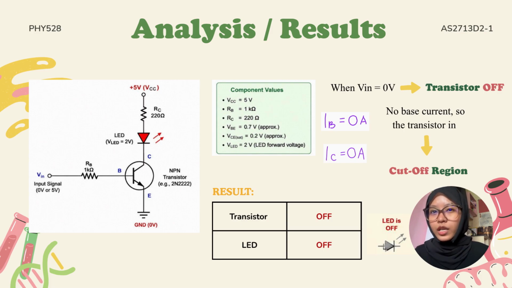Since no collector current flows through the circuit, no current passes through the LED. As a result, the LED remains off. So, the transistor acts like an open switch, preventing current from flowing from the collector to the emitter. In summary, when Vin equals 0 volt, the transistor is off and the LED is also off.